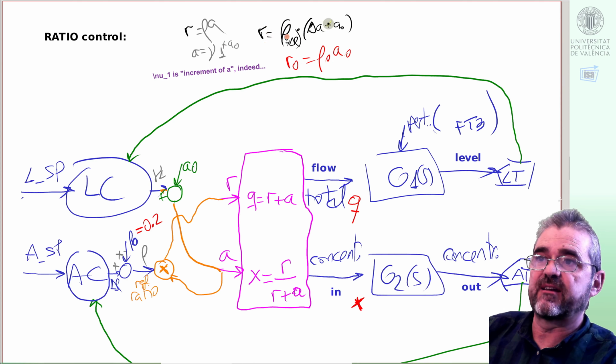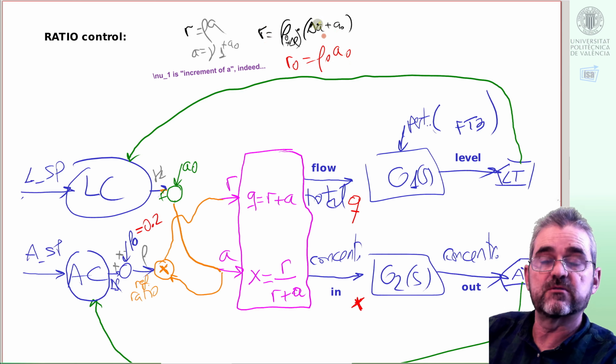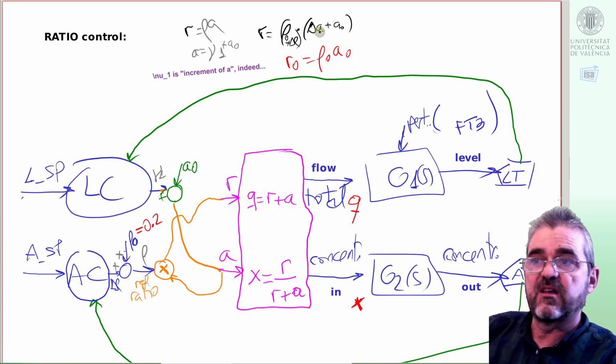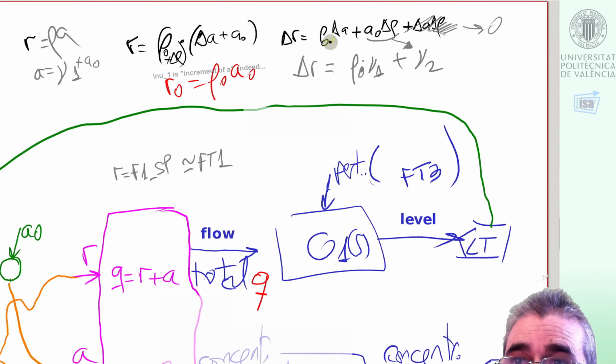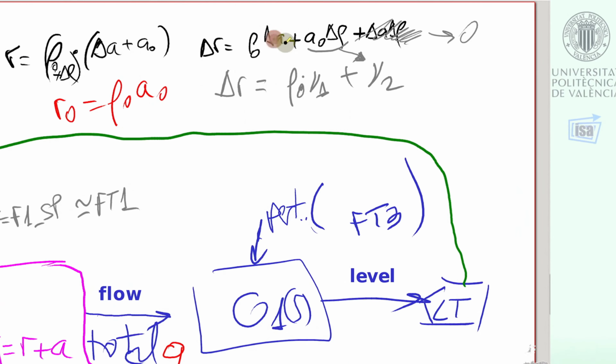So if we now carry out this product, we will have four terms, but if we subtract R0, you can pause if you wish and think on it, it's straightforward, then we get that the increment of R, which is R minus R0, is given by rho 0 delta A, rho 0 increment of water, plus A0 increment of ratio, plus the product of these two increments.